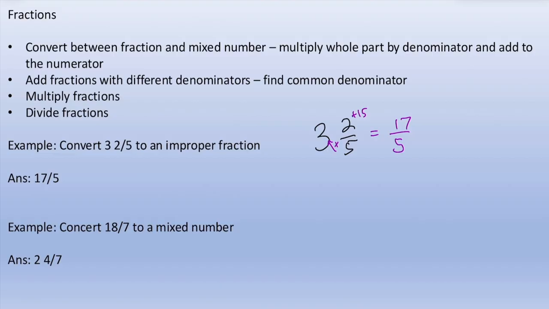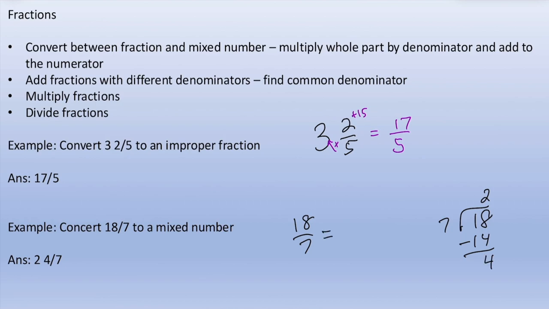Okay. Now to go the opposite way, if we're going to convert 18 over 7 to a mixed number, it's a division problem. This is an old school division. How many times does 7 go into 18 without going over? 7 goes into 18 2 times. So we multiply 2 times 7 is 14. And so to take off 14, we have a 4 remainder.